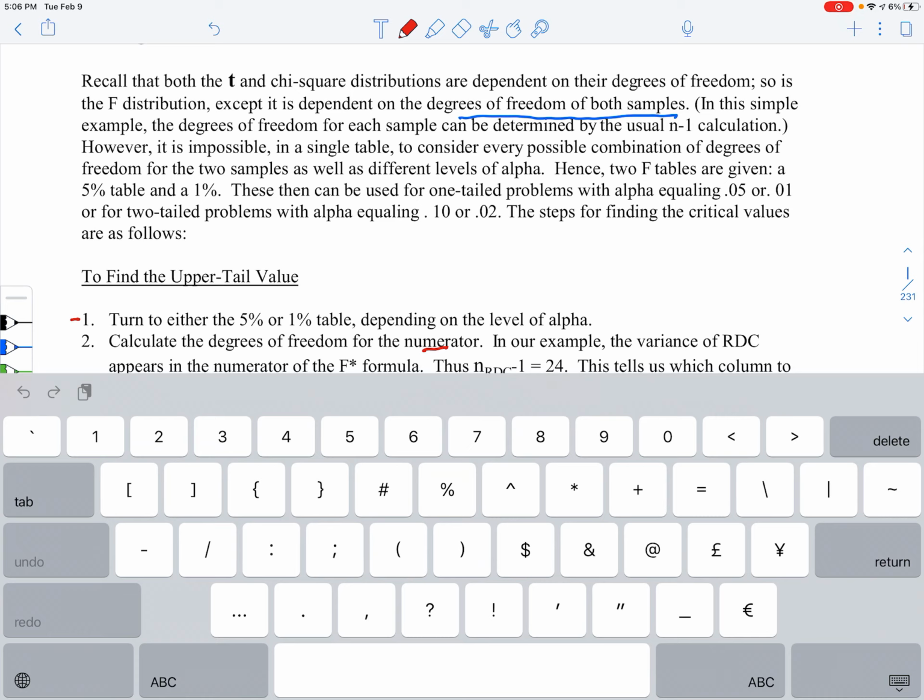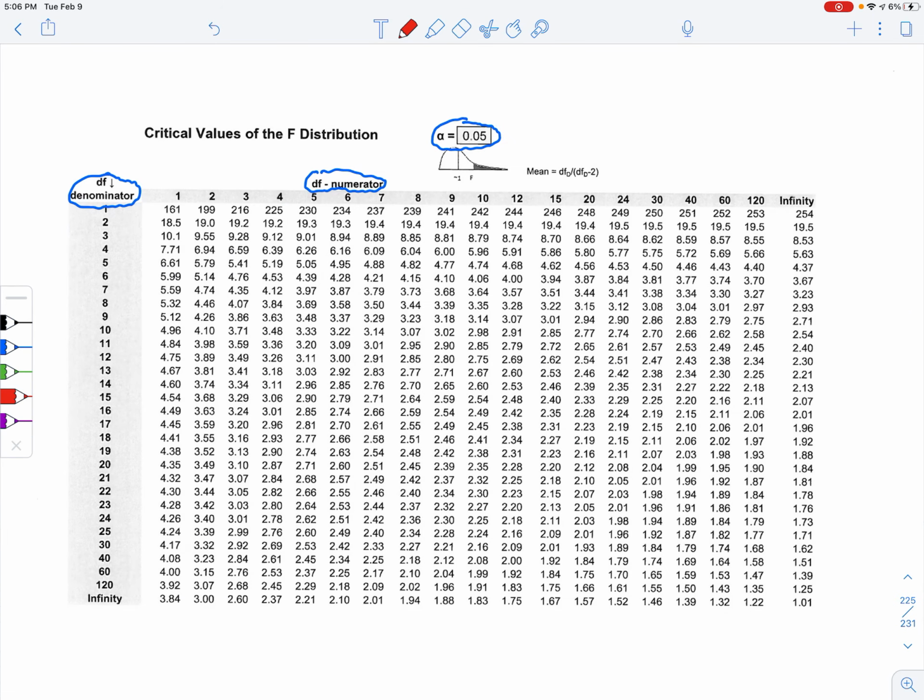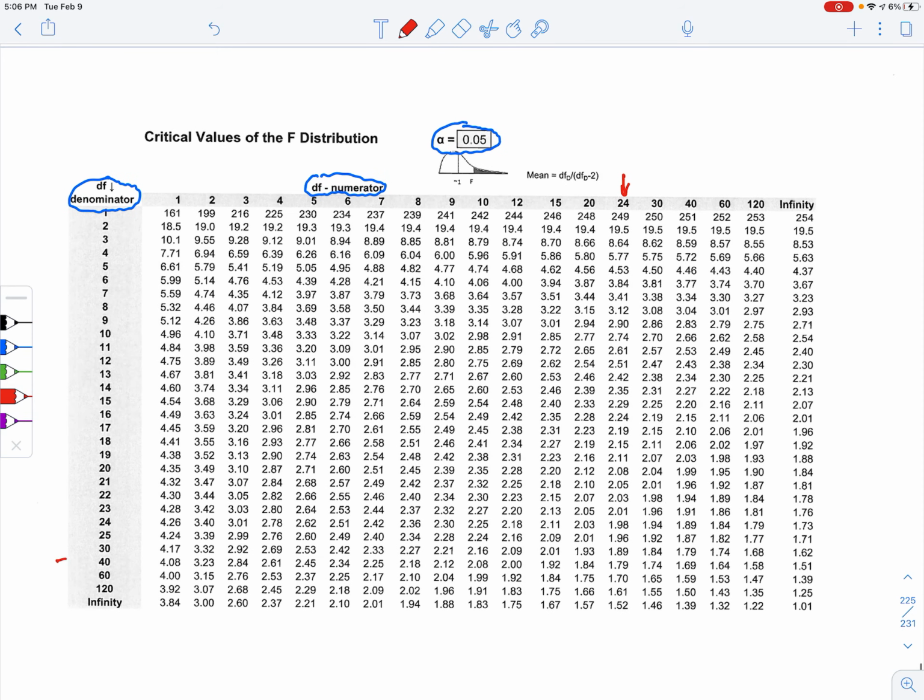So we're going to go back down here to about there or so. Okay. And so we've got the degrees of freedom for the numerator was 24. The degrees of freedom for the denominator was 40. So we just have to find out where those intersect.